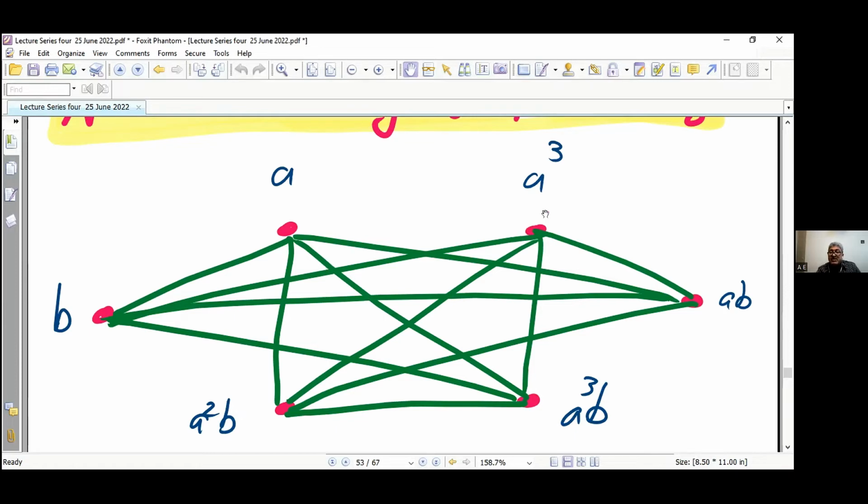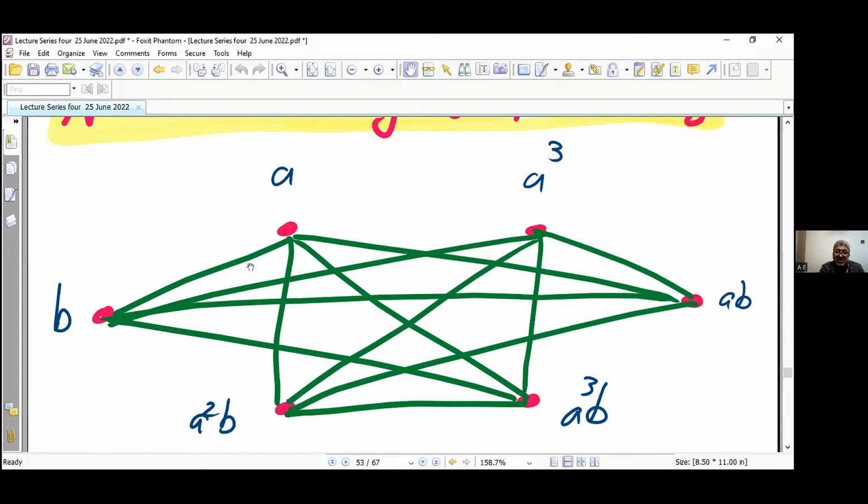Similarly, for A cube, we have 4 edges involving A cube. We have edges from A cube to B, because A cube and B do not commute, A cube and A square B, A cube and A cube B, and A cube and AB.